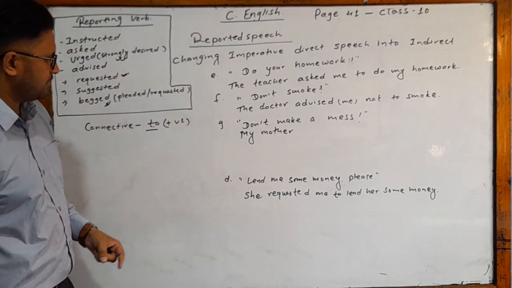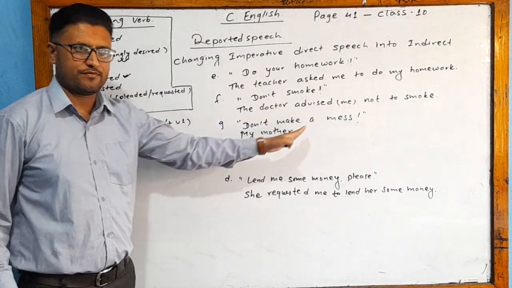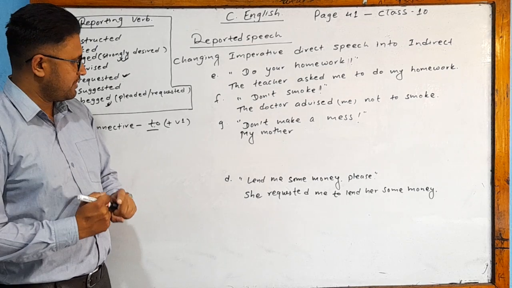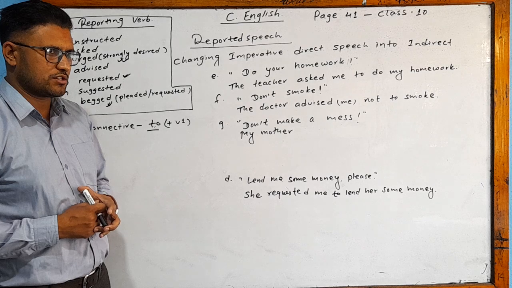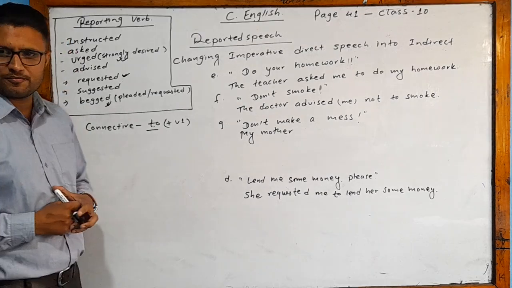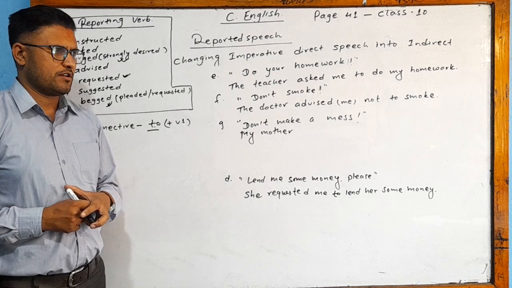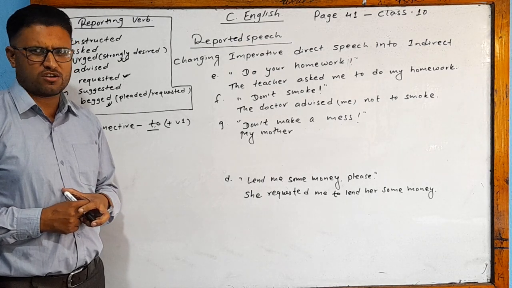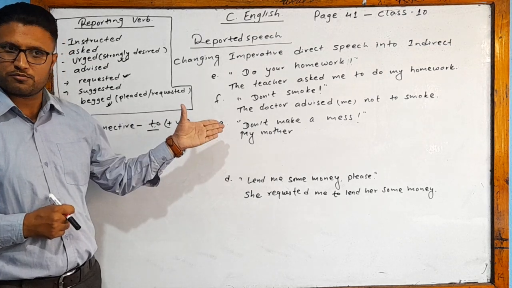My mother. So what do you think? What is the sentence? Don't make is like some suggestion, advice, I guess, or it's a command. I think order is more appropriate. Yeah, order is more appropriate.